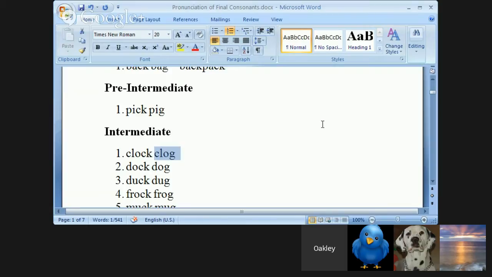Basically, what you do is you never drop your tongue down on the G. You just leave it up there, and instead you have a slight pause, and then you aspirate. You breathe out. That's it. Clog.